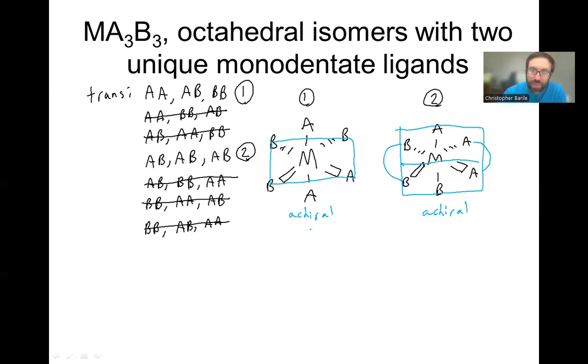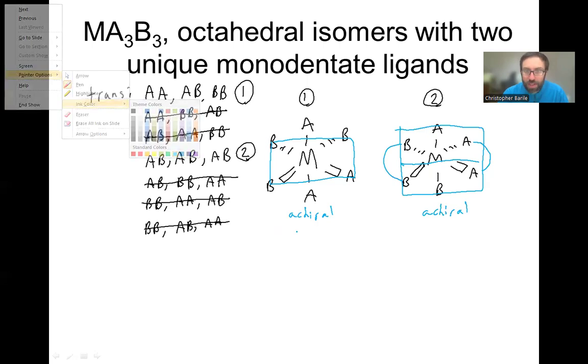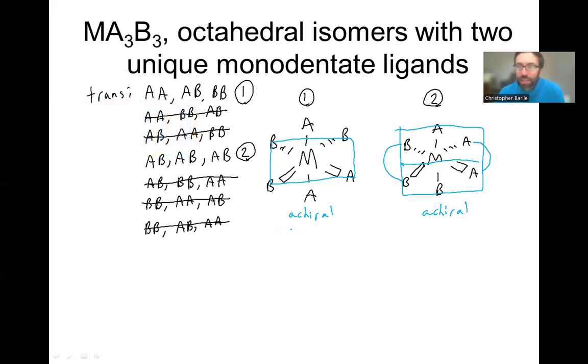All right. These two isomers have names. They're very common in inorganic chemistry. So we give these two isomers names. They're called the FAC and the MER isomers, or FAC and MER. Okay, so this one is the meridional isomer.